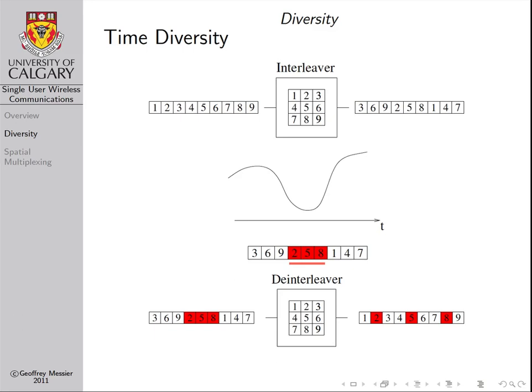An interleaver and a de-interleaver only shuffle within a frame boundary. And so if the frames are really short, and the whole frame experiences a common fade because it's shorter than the coherence time of the channel, then shuffling that frame doesn't really matter. You're basically shuffling bits that all experience the same fading value. So long frames are very important.